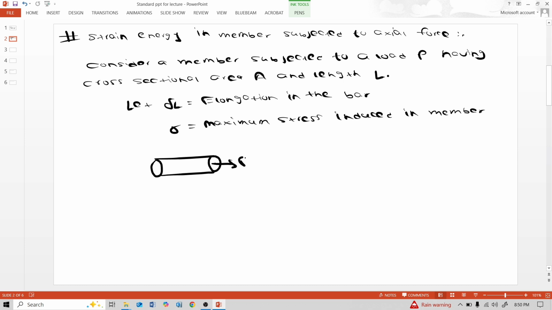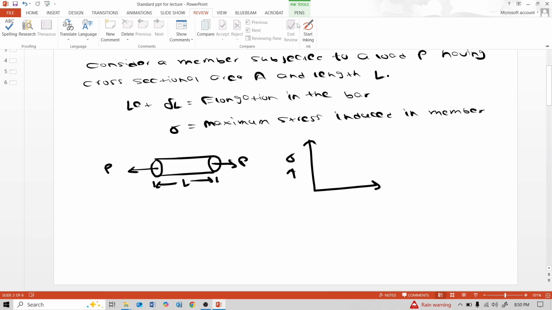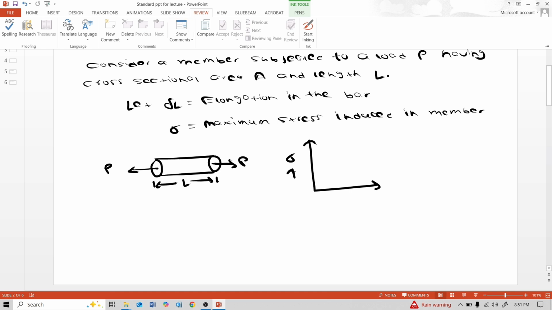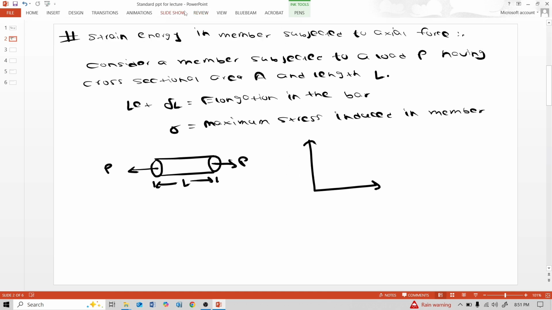This bar is subjected to tensile load P, and the length of this bar is capital L. And the load versus deformation diagram is: on the y-axis load, and on the x-axis deformation.